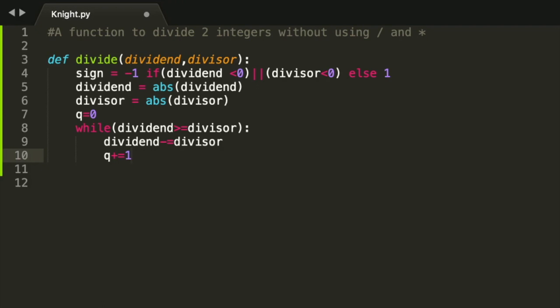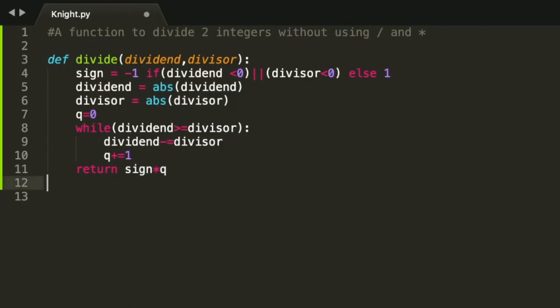I will explain it with an example after finishing this code, then you will gain more clarity. Then we return sign multiplied by quotient. So this is a function to divide two integers without using the division or the multiplication operator.